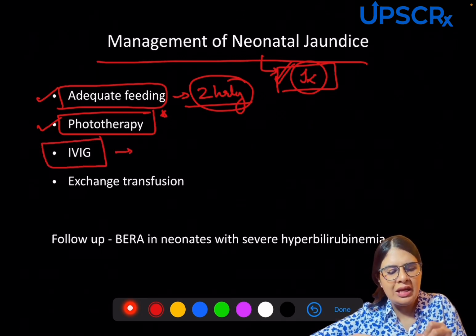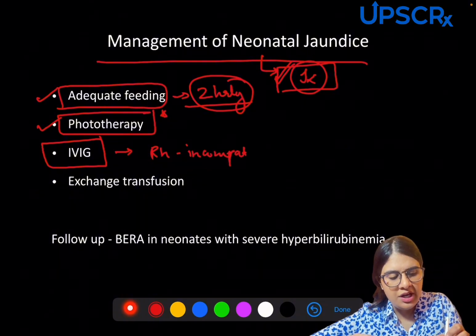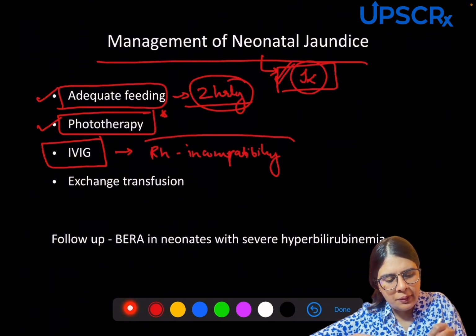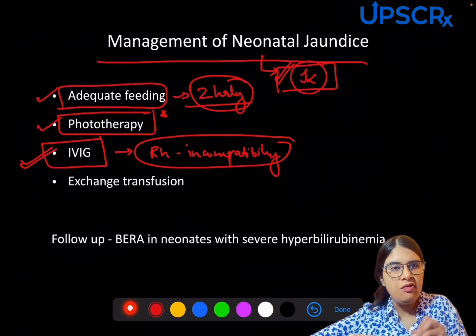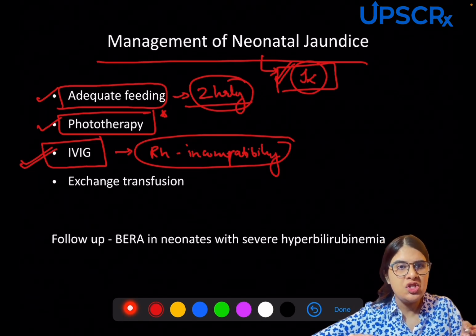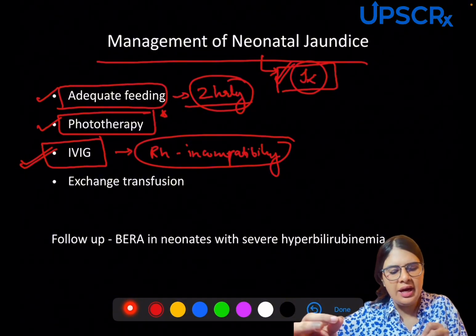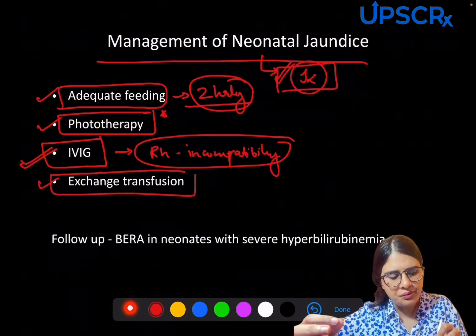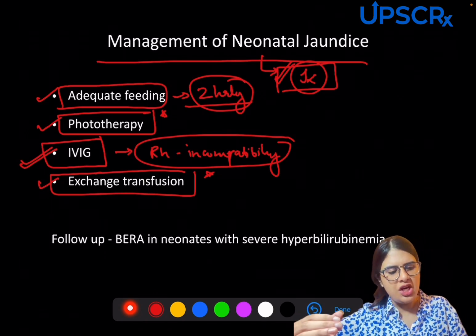This is given in cases of RH incompatibility, and even ABO incompatibility, we give IVIG. So specifically for RH incompatibility, if a question comes, you should talk about continue breastfeeding, phototherapy, IVIG, and in severe cases, you can go for exchange transfusion.